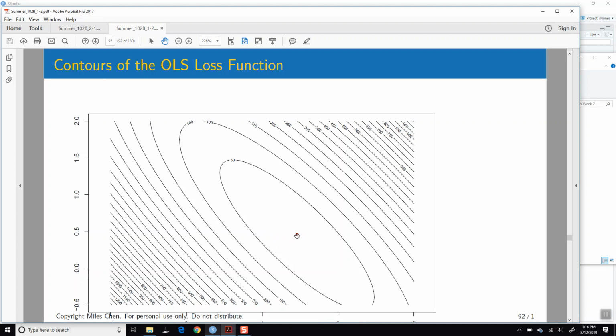We can see it's in a paraboloid bowl shape, and the optimum is close to 0.5 and 1.5, but a little different because of the noise we've observed in our data. This is what the contour plot looks like for ordinary least squares. If we're trying to minimize the sum of squared residuals, it looks like a paraboloid. If you have other values in here, you won't get the smallest possible residuals; it will be off by a bit.